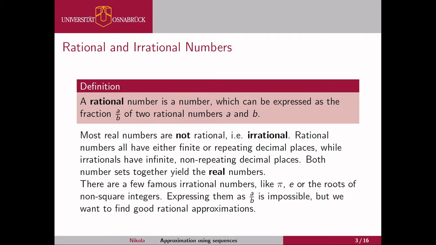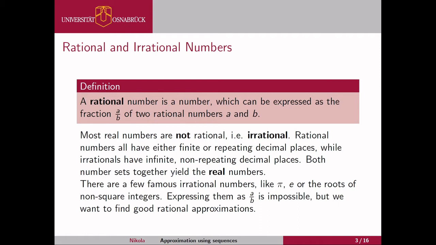So computers basically only have discrete memory, and they express decimal numbers with rationals, so by the fraction of two integers. This is important to keep in mind. Computers can't do more than rational.